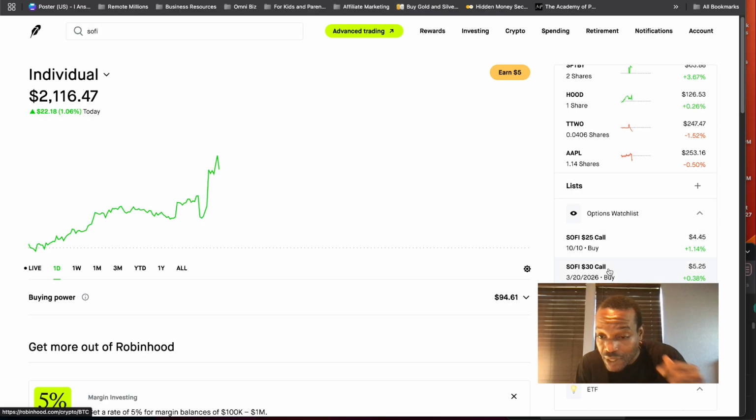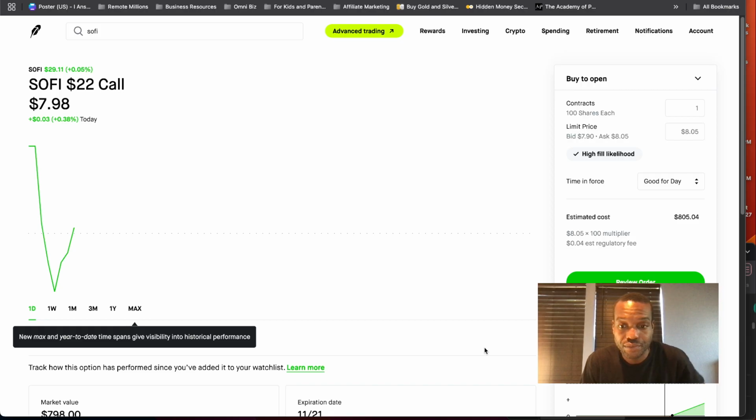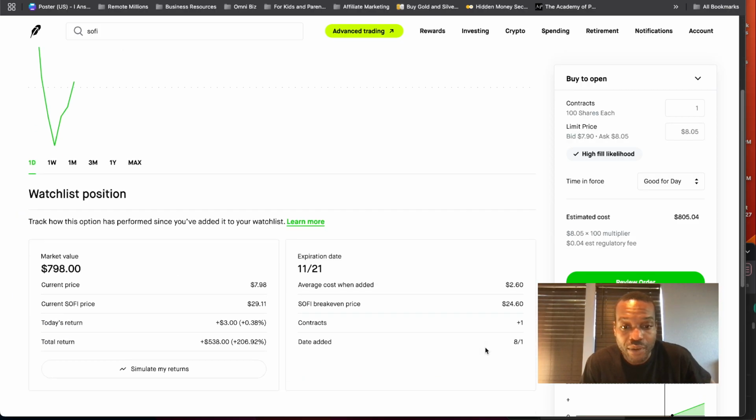And then we have ones like I bought these at the same time and I put them on the watch list. And let's look at this one and this one. So we have the 22 and the 24. So this was further out.